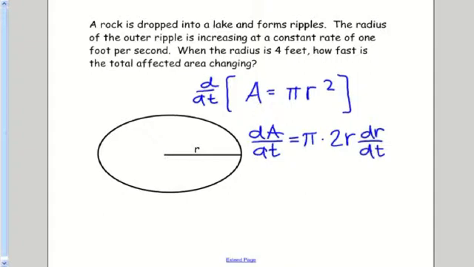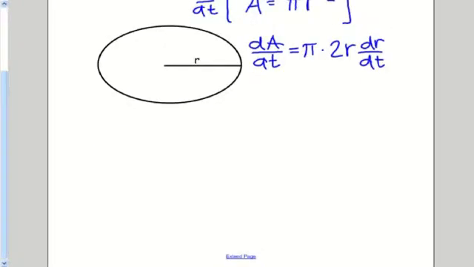Well, if we think about this a little bit, we've got some information in this problem. Right here it says the outer ripple is increasing at a constant rate of 1 foot per second. Well, if you have a rate of anything, when you start seeing this word rate, it's always going to be d something dt.